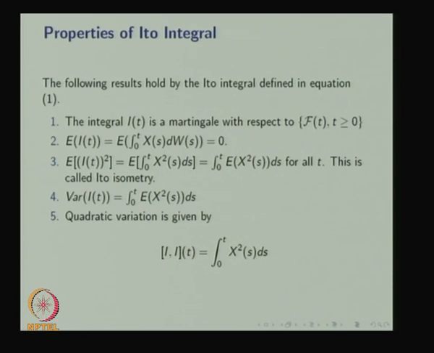I of t is the Ito integral, whereas the quadratic variation is nothing but integration 0 to t of X square s ds. So this is the Riemann integral. I have not given the proof of the fifth property also. We are just stating the results of the Ito integral, and we have used a few properties in the examples.